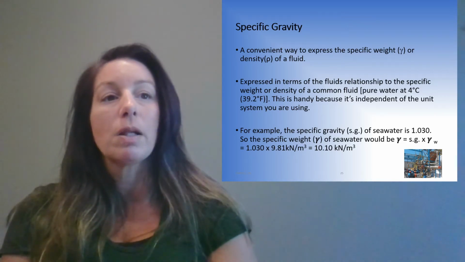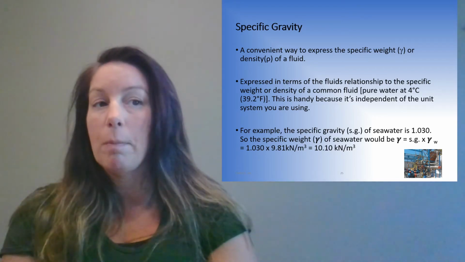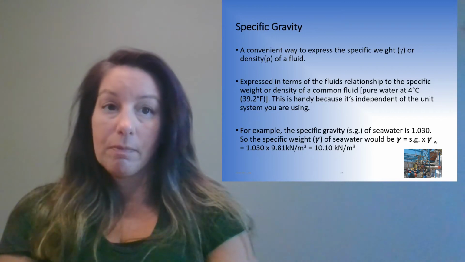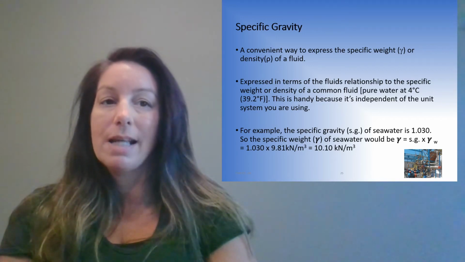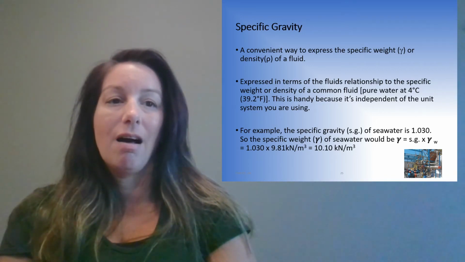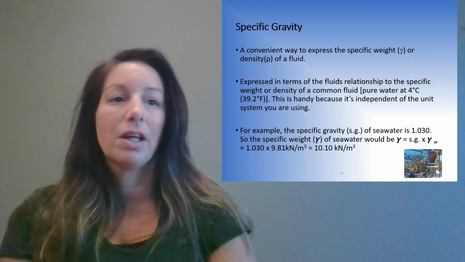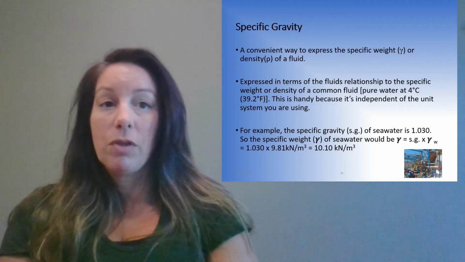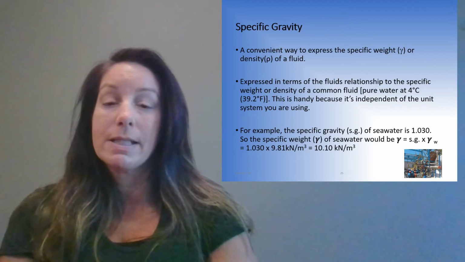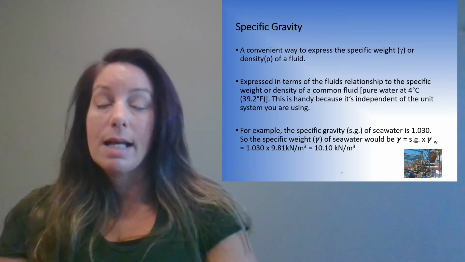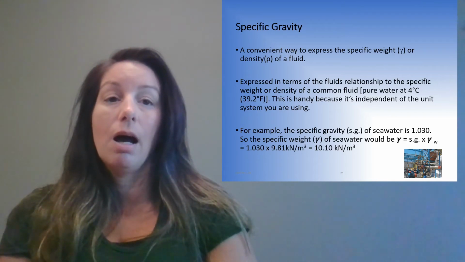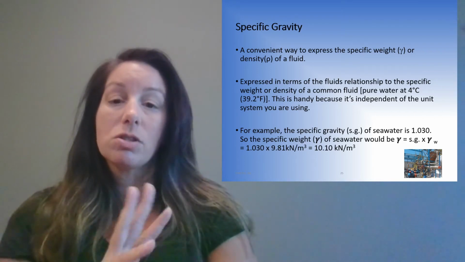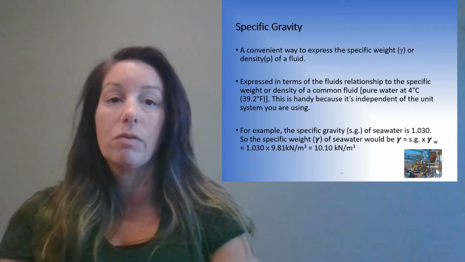So you just multiply the specific gravity 1.030 times the specific weight, and you get 10.10 kilonewtons per meter cubed. So you'll see lots of published values for different fluids for the specific weight, the density, and you'll also see the specific gravity. You'll see those three things published all over the place in tables.